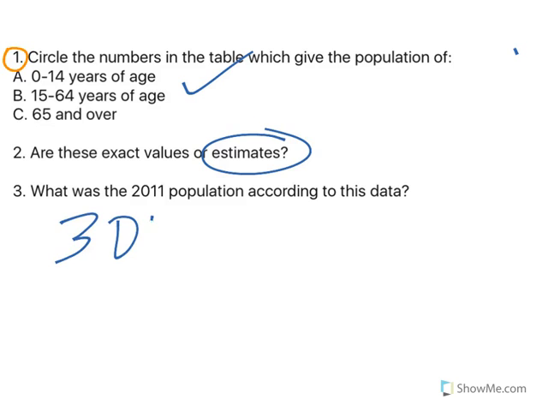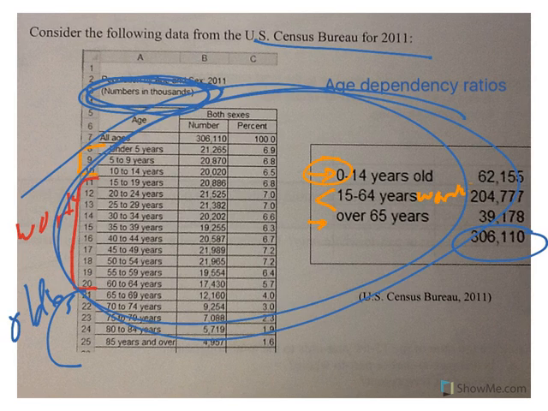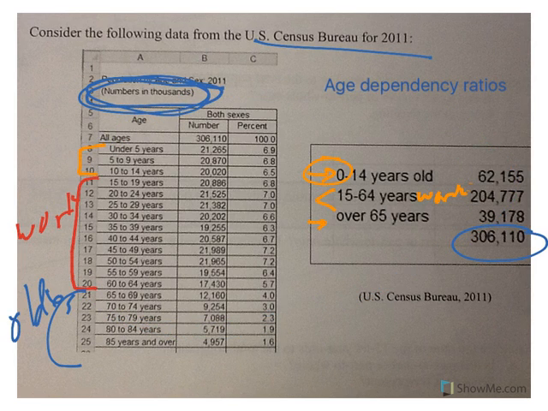So we're going to take this 306,110 that they give us, and add 3 more zeros. 306 million people, that makes a little bit more sense. But because everything on this page is in thousands, everything has 3 more zeros at the end. So I really don't have to write them anywhere because they would cancel out every time.